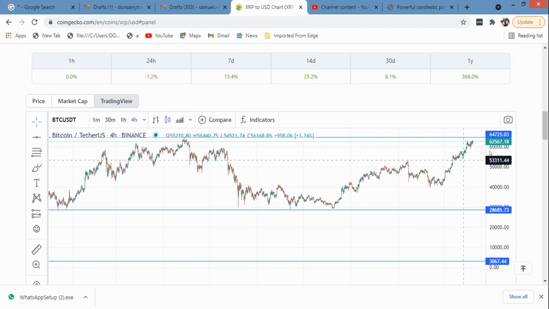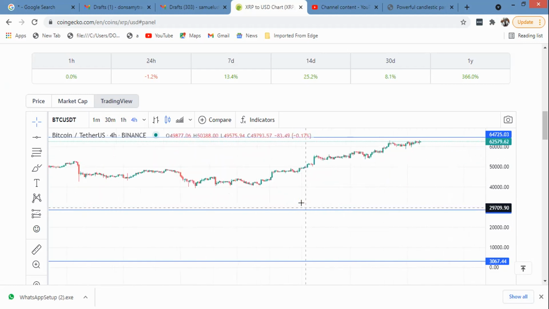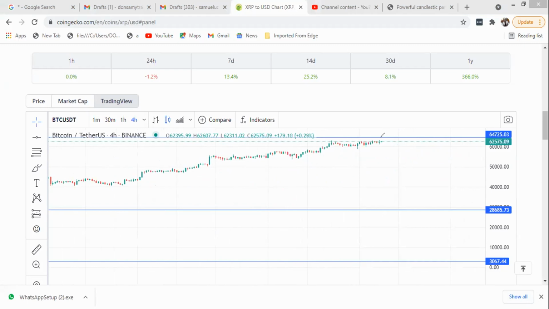Okay. Now, when we look at this, I can tell you that this one, 1, 2, 3, 4, 5, 6, all these candles are equivalent to that 1 candle in the daily.